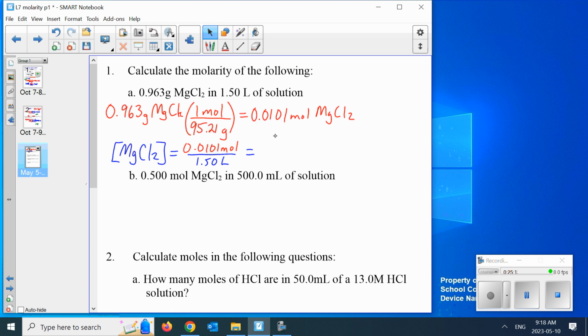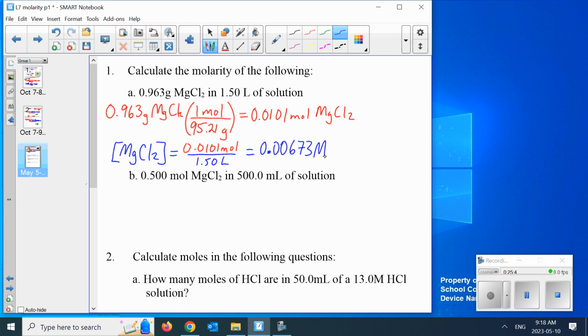Now, I want three significant digits. What I wrote down is 0.00673 moles per liter for big M.